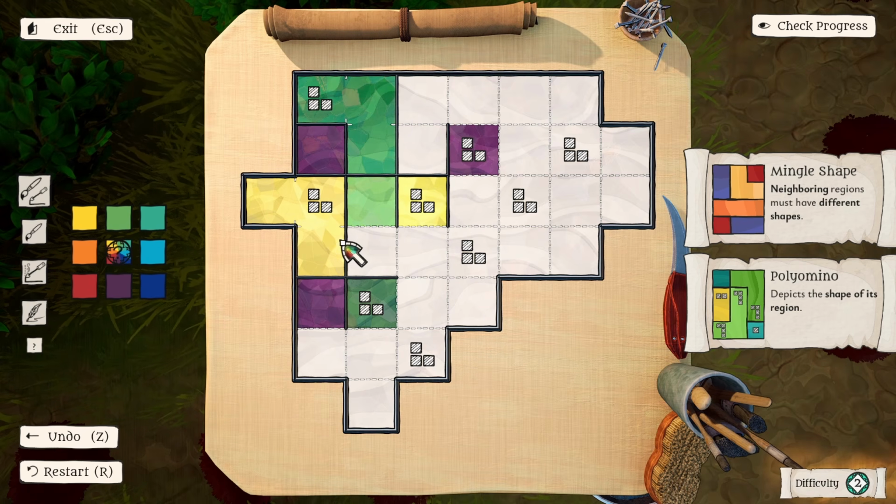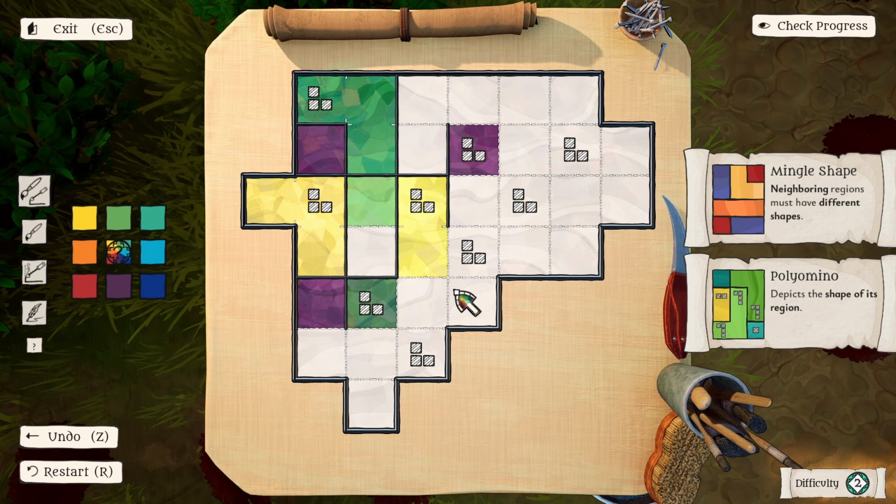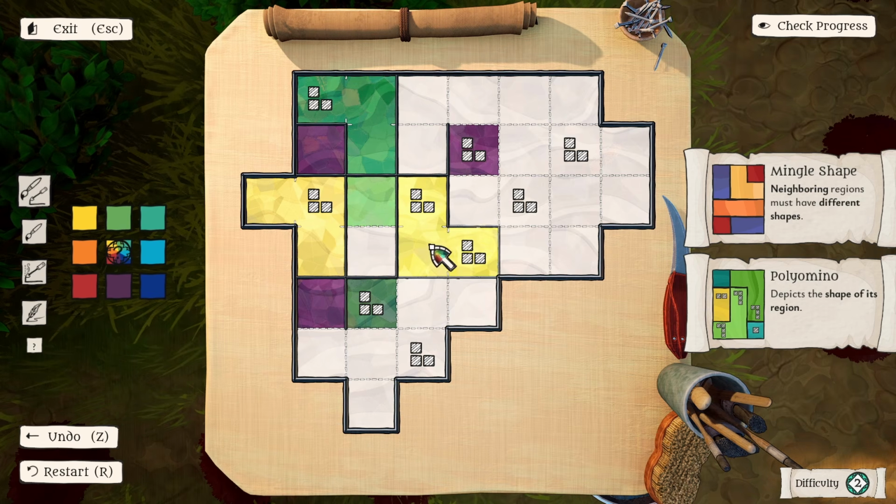If this were to go here, it would touch that one. If it were to come here, it would touch that one. It has to be that. So there must be a way to do that.